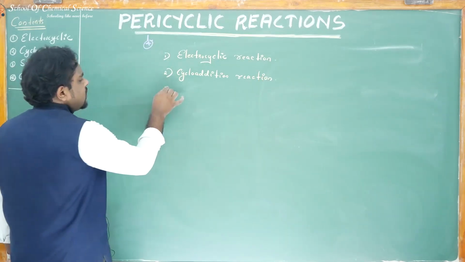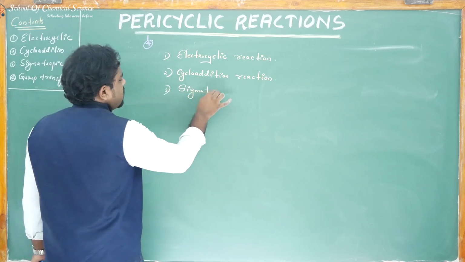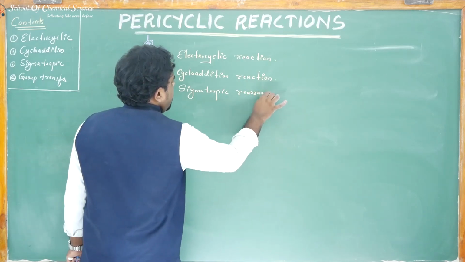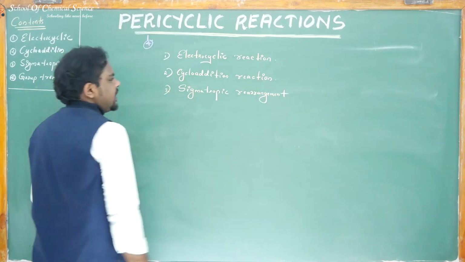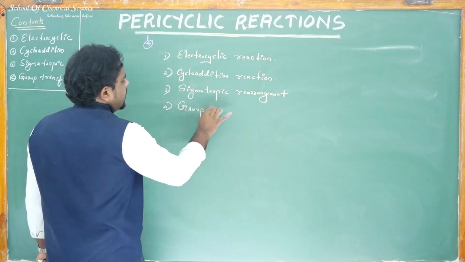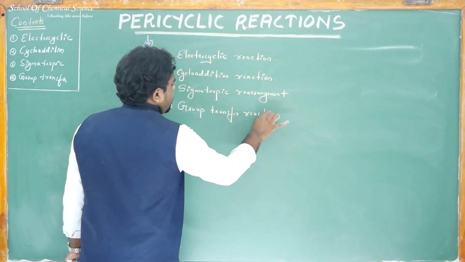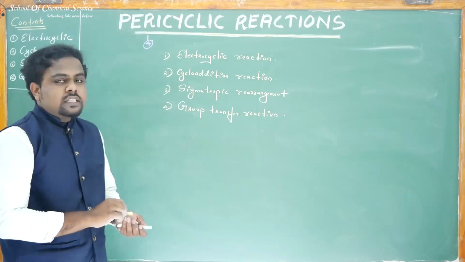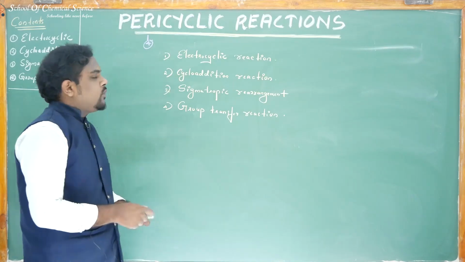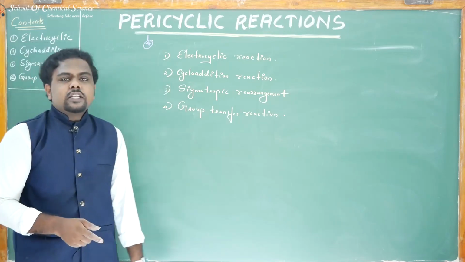Third one, sigmatropic rearrangement. And fourth one, group transfer reaction. So these are the 4 important types of pericyclic reactions for your exam.